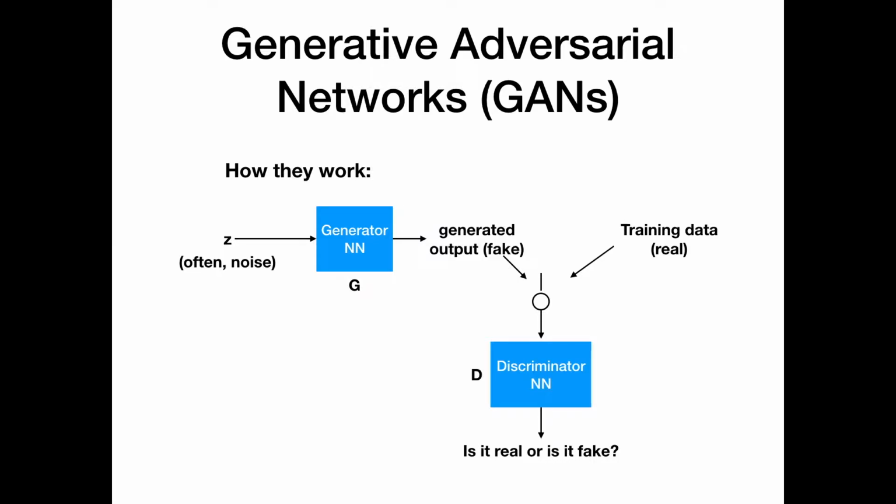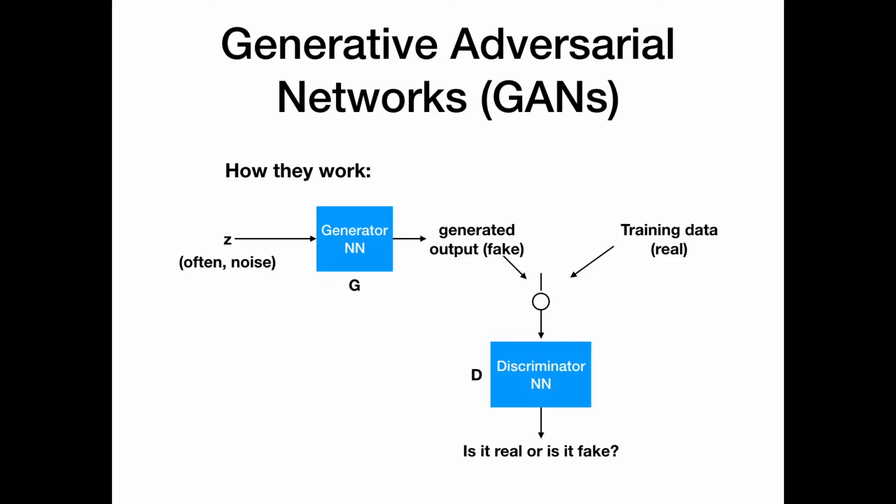All right, so how does it work? We've got a generator neural network. The particulars of this neural network, we don't care about. If we're generating sequence data, this will probably be an RNN. If we are generating images, there are convolutions, and there are deconvolutions as well.